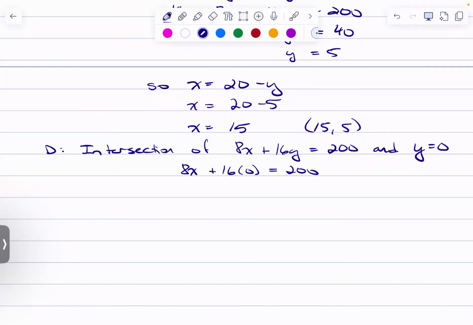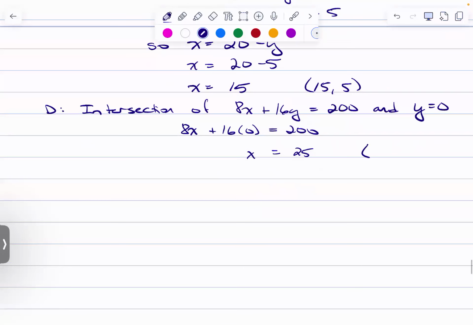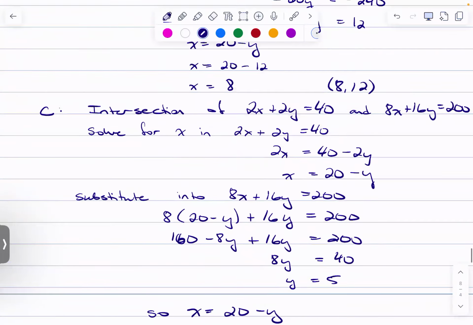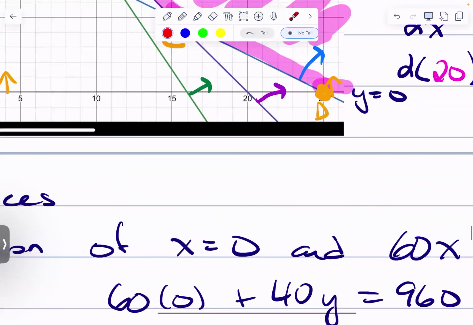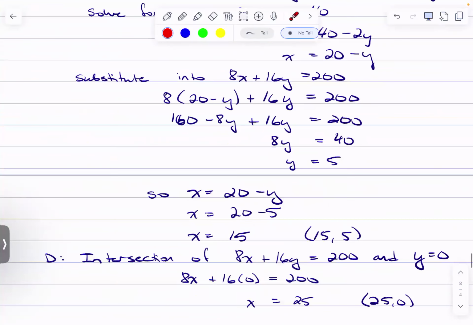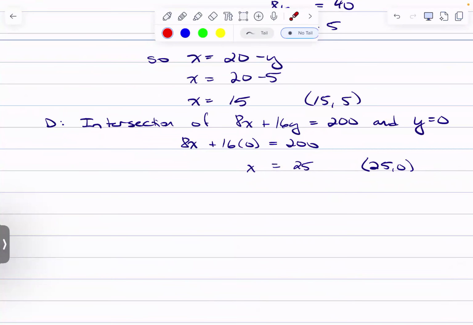That's nice. I get x must be 200 divided by 8. It's 25. And we already know that y must be 0. We'll confirm. 25, 0 makes sense. Well, I drew over it, but I feel pretty comfortable with 25, 0. Okay. Hard part. Done. And it's not even that bad.